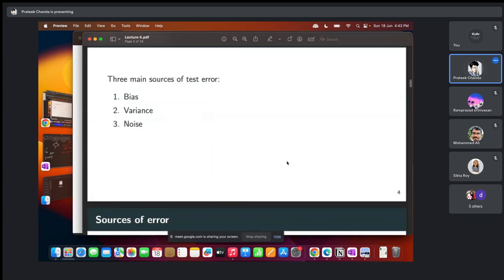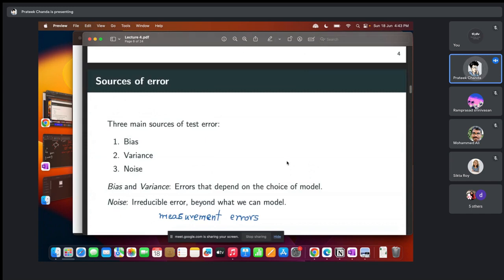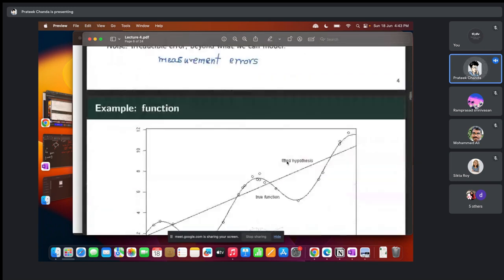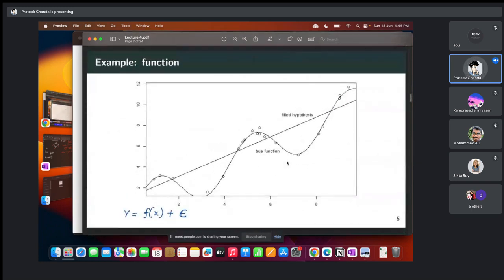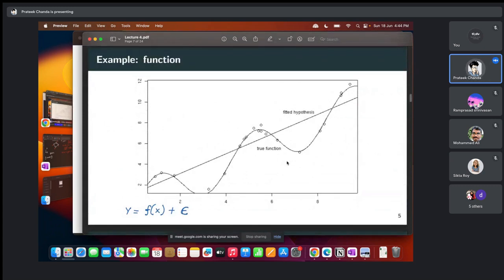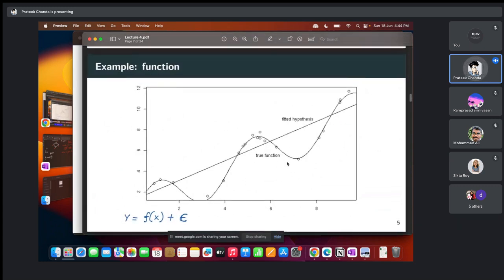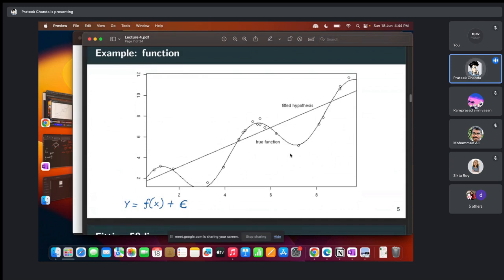So we discussed three main sources of test error: bias, variance, and noise. Let's say I have the true function, a curved line, and the circles are my data points.